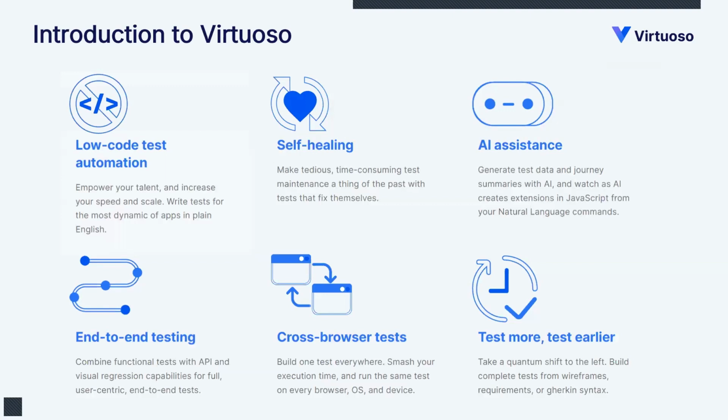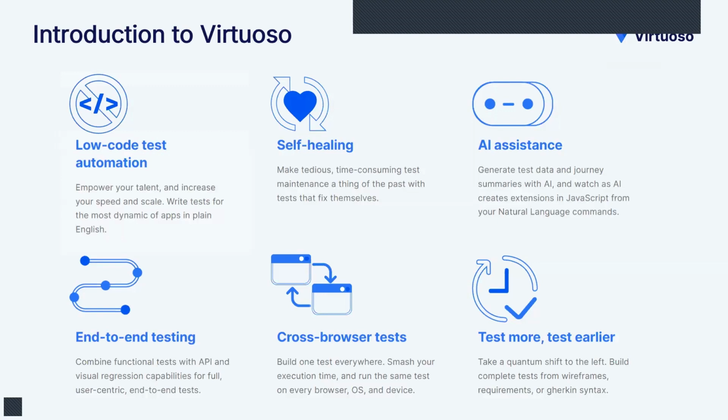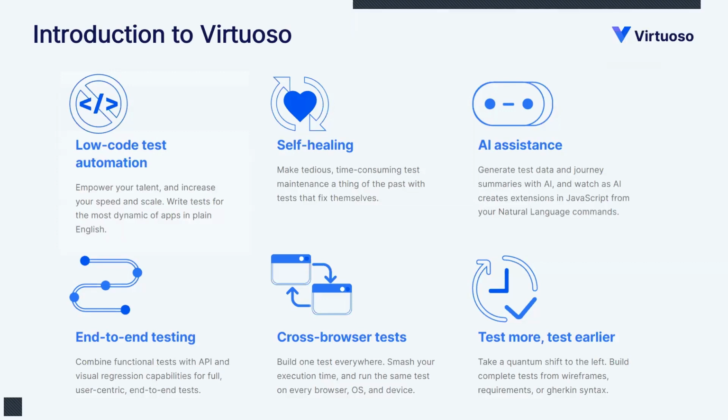I can quickly give you an introduction on Virtuoso. As you might know already, Virtuoso is a low code test automation tool. It helps you write your tests in plain simple English via the use of our NLP. We have self-healing, which means when you run your test cases, it will show you where your test cases are failing and try to self-maintain them, and show you the output so you can decide whether to heal or fix it.